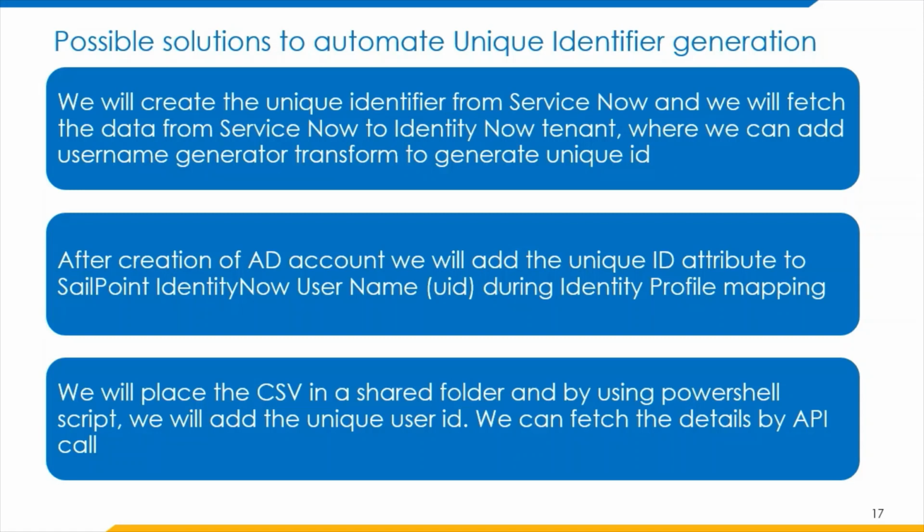On account creation of the AD account, the unique ID will be added to the attribute SailPoint IdentityNow username UID during identity profile mapping. We will place the CSV in a shared folder, and by using a PowerShell script we will add the unique identifier. We can fetch the details by using an API call.